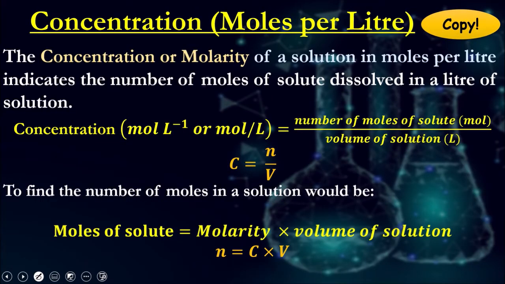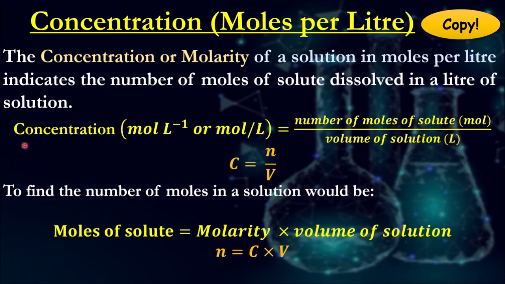This is the overall formula. So we say concentration, in this case, molarity of a solution in moles per liter indicates the number of moles of solute dissolved in a liter of solution. So remember, number of moles is just a quantity, so a quantity of particles, a counting number of how many particles we have in a liter of solvent.